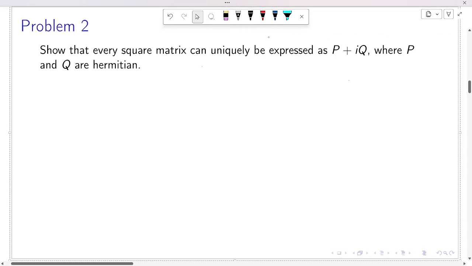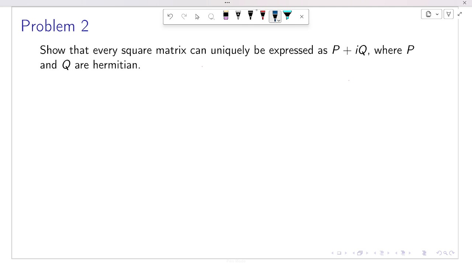Here we have to prove that every square matrix can uniquely be expressed as P plus iota Q, where P and Q are Hermitian. We want to express a square matrix as P plus iota Q, where both P and Q are Hermitian. Now we have done one thing in the class. Let us remember what we have done.